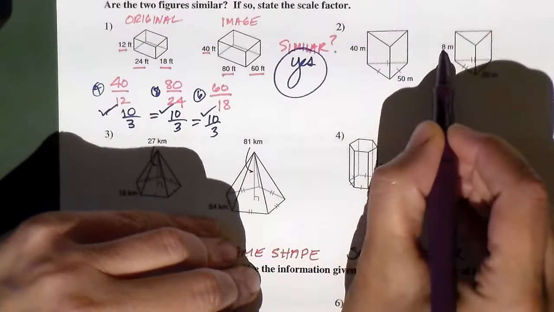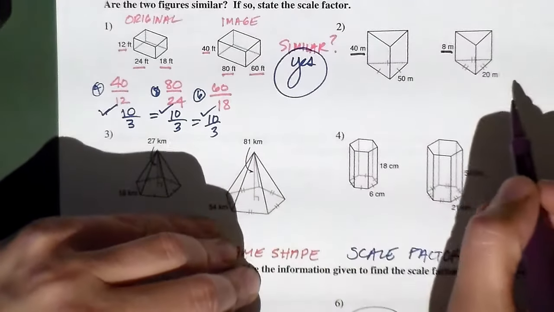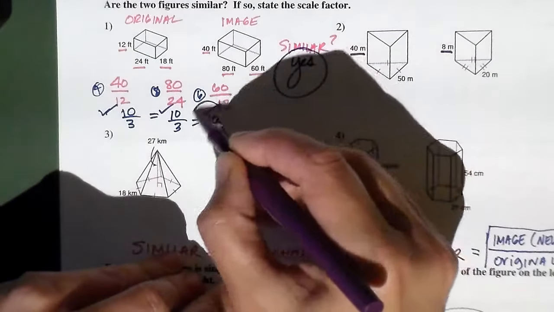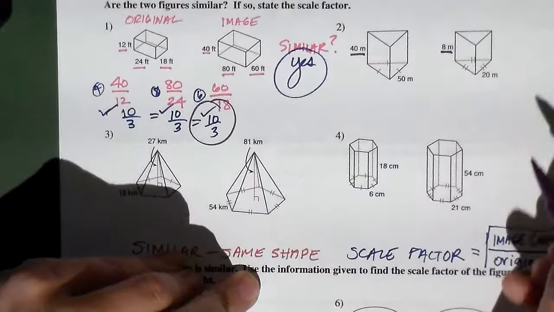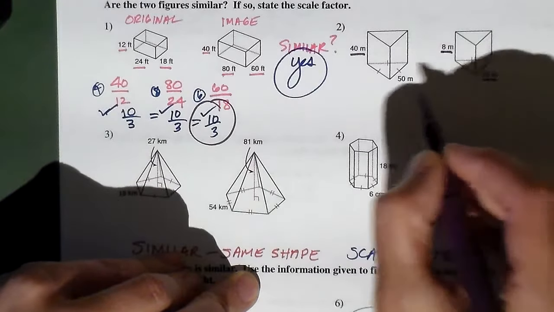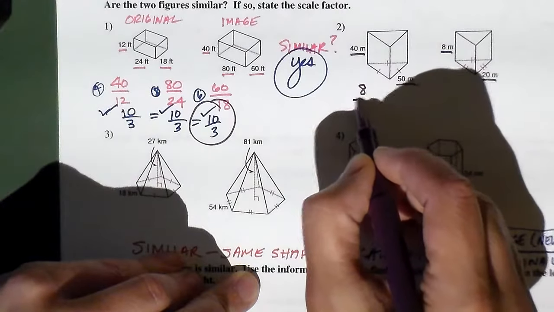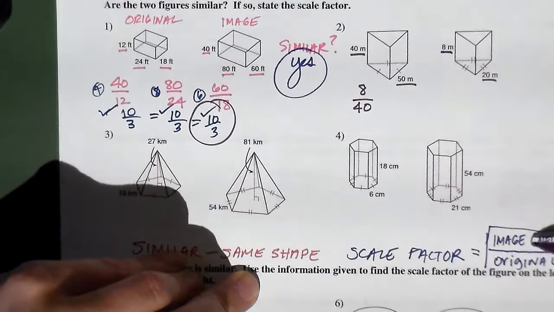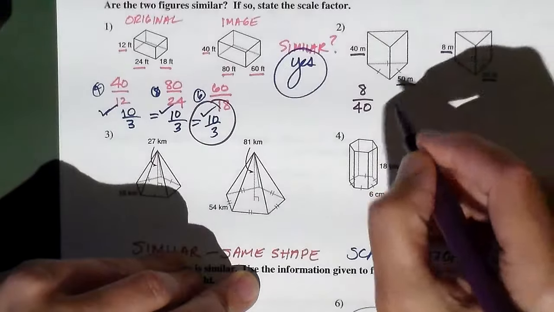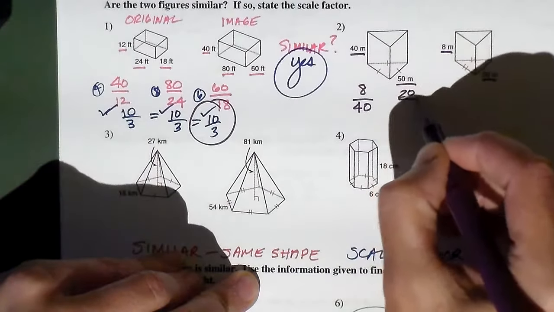I've got 8 that changed from 40. Oh, and by the way, your scale factor is 10/3 for the first one. And I have 20 that changed from 50. So I have 8 that changed from 40. Remember, the new one goes on top. And I have 20 that changed from 50.